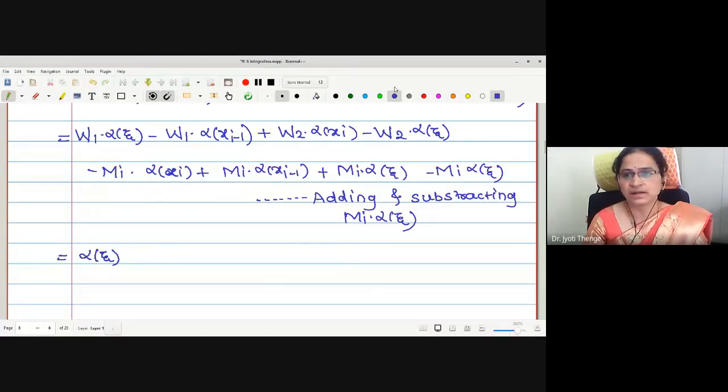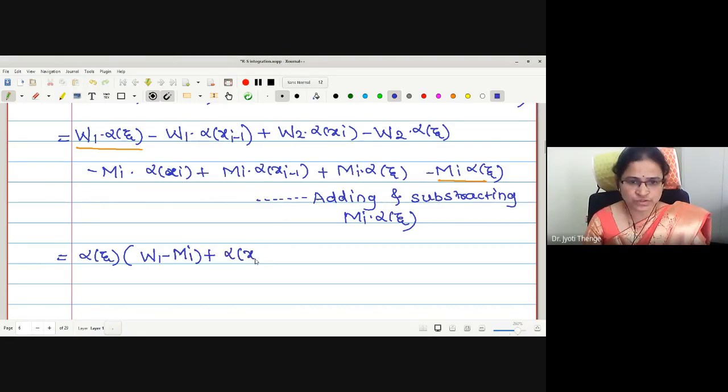Let me draw another color pen. Here this is one term W1 alpha zeta. Therefore the first coefficient I got is W1. Next, here instead of plus mi we are selecting minus mi. Therefore what is the coefficient of alpha zeta? Is it W1 minus mi?